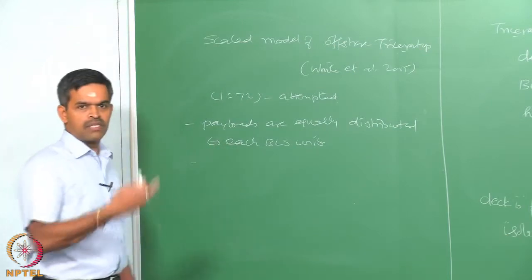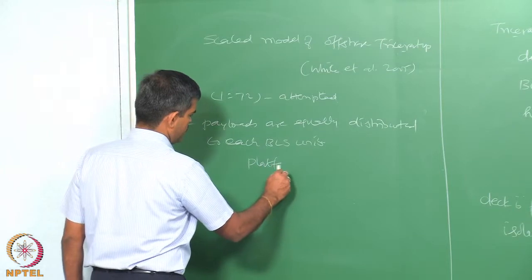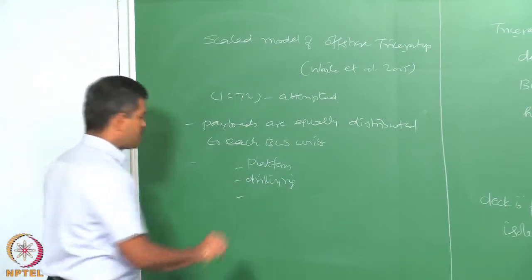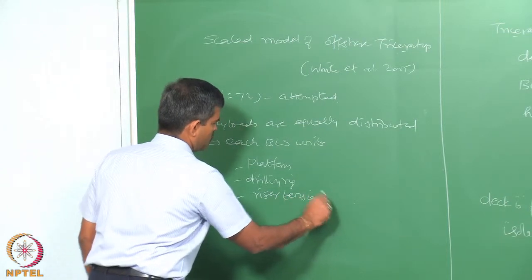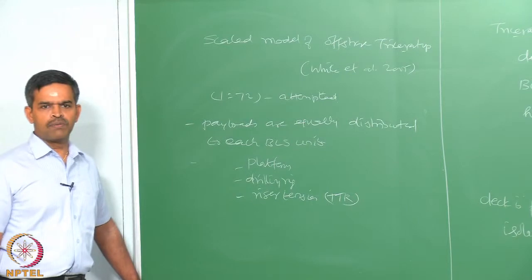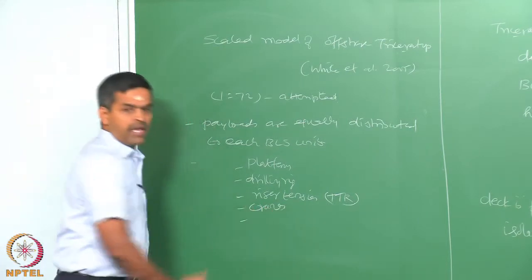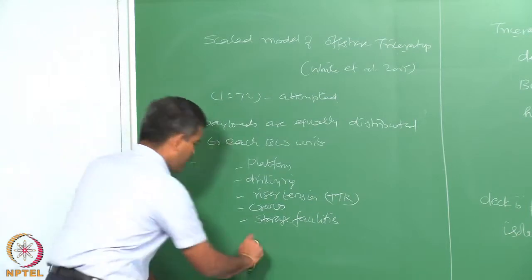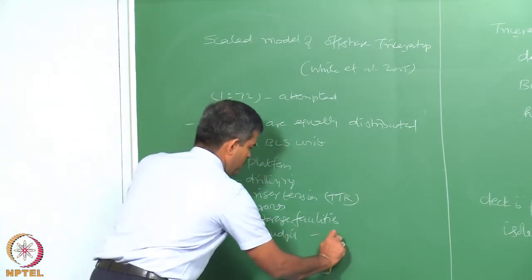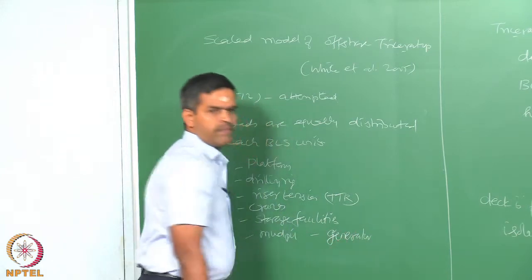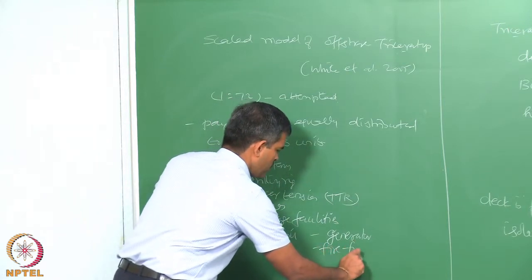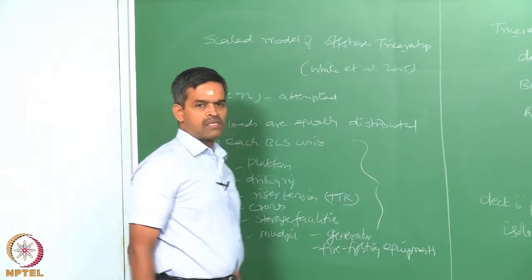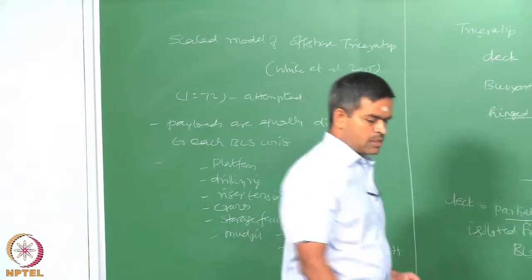Now, the payloads used in the experimental study include the platform weight, the weight of the drilling rig, the riser tension, because we are using a top tension riser system for this kind of exploration, the loads from the cranes and the self weight of the cranes, the storage facilities, the mud pit, the generator, the firefighting equipment, etc. All these loads have been scaled and used as a topside weight on the given system.